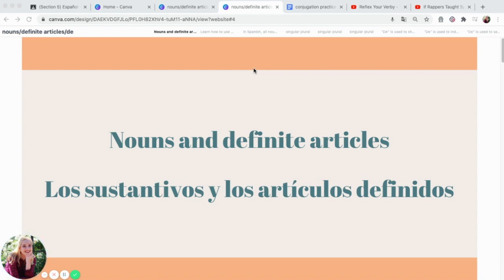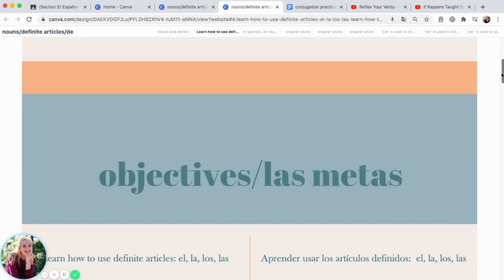Today, we are going to be talking about nouns and definite articles. Okay, so nouns, los sustantivos, and definite articles, los artículos definidos.